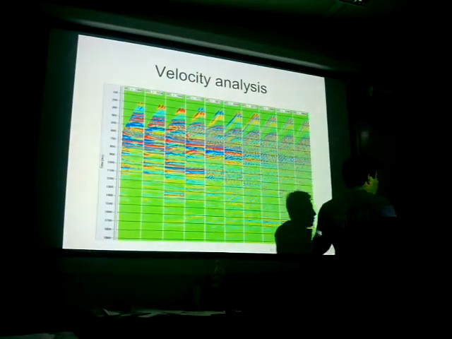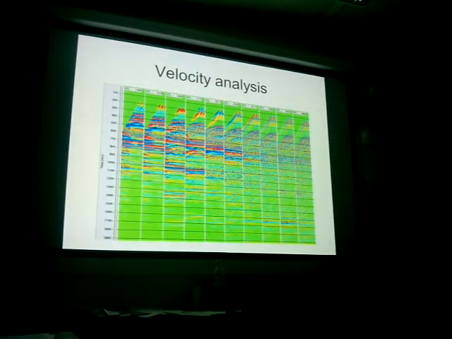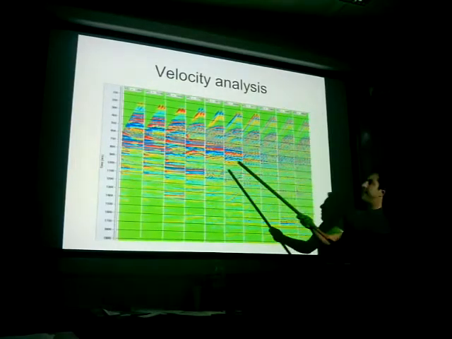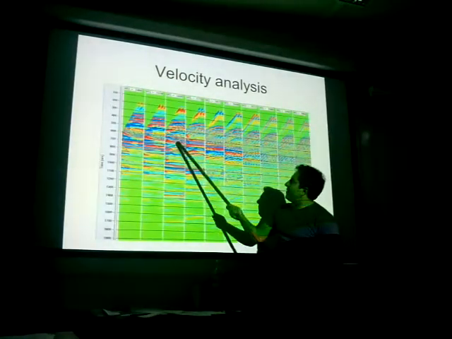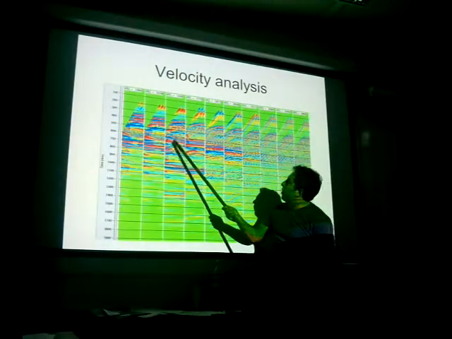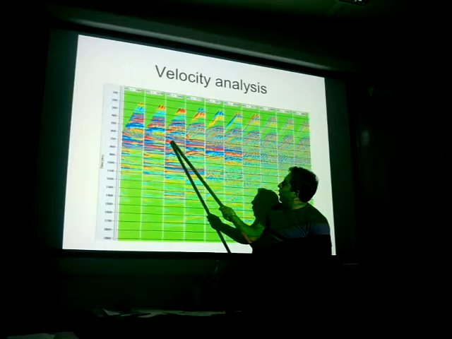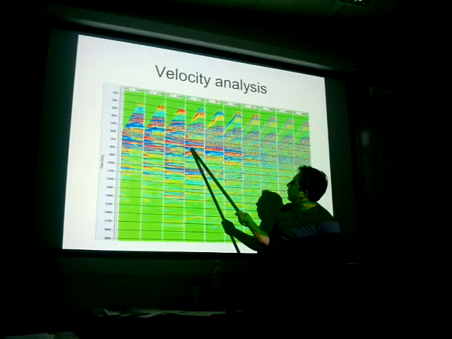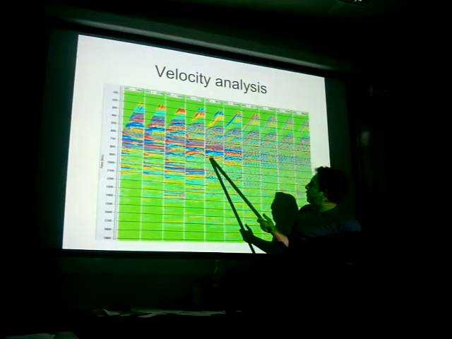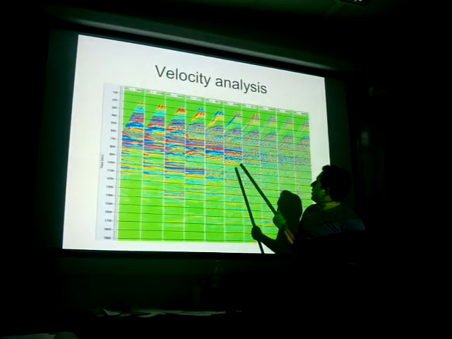From the velocity model, once you got the stack velocity, you can assign a certain average velocity for a certain thickness, time thickness, because the layer that got basically that velocity are those ones. That one is the one that got the 1,700. That one is the one that got the 1,900.